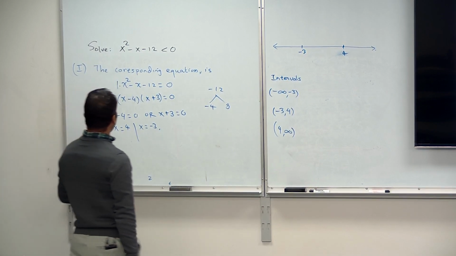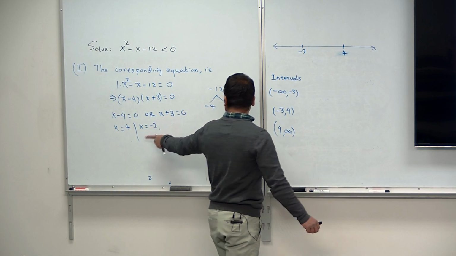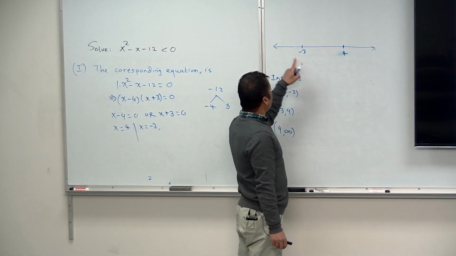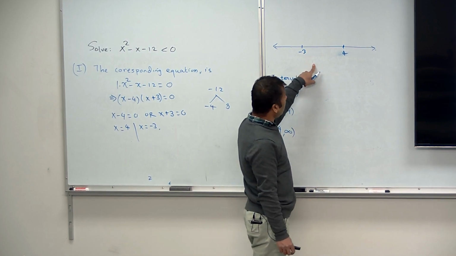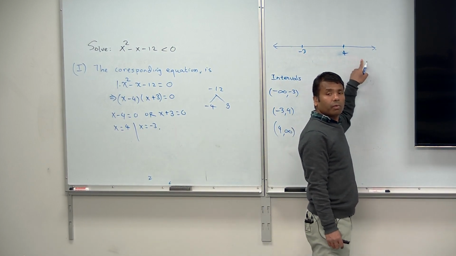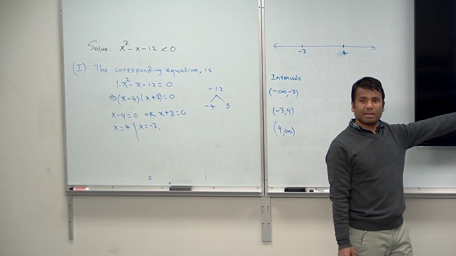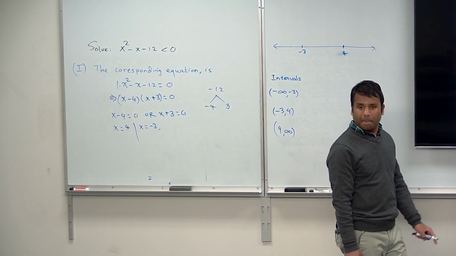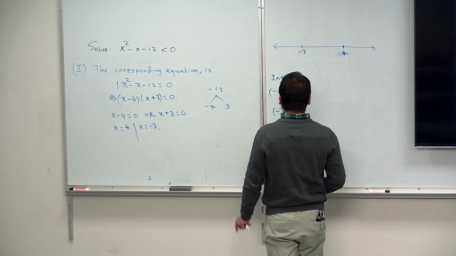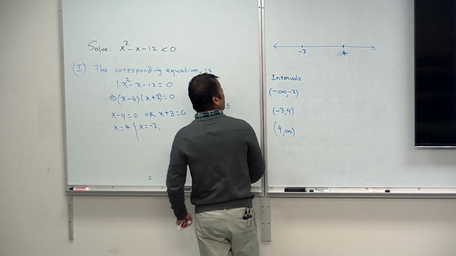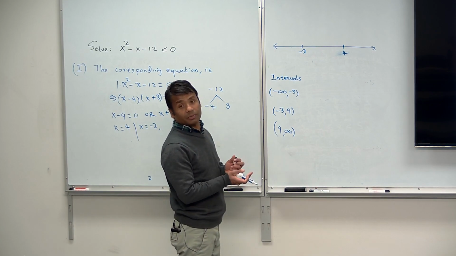And you see, I plotted them on the number line, and I got the intervals negative infinity comma negative 3, negative 3 comma 4, and 4 comma positive infinity. You got it? Now we will take a test value from each interval.